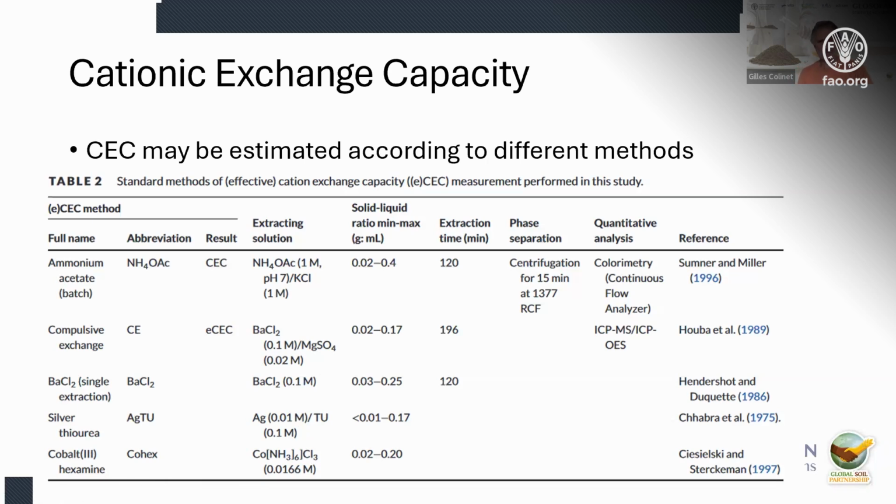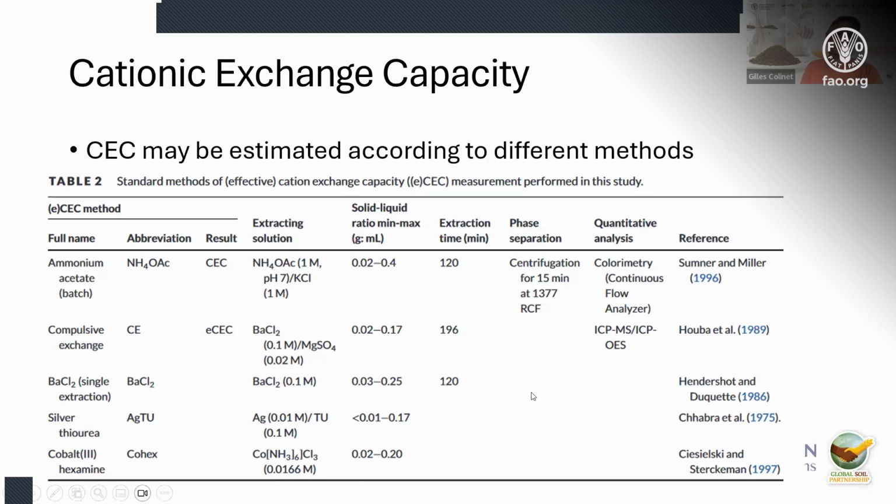It's one that we also made sometimes. That one, the first one, ammonium acetate, is usually buffered at pH 7, so at a neutral pH, while the cobalt-hexamine is a kind of method that gives you the cation exchange capacity at the true pH of the soil.